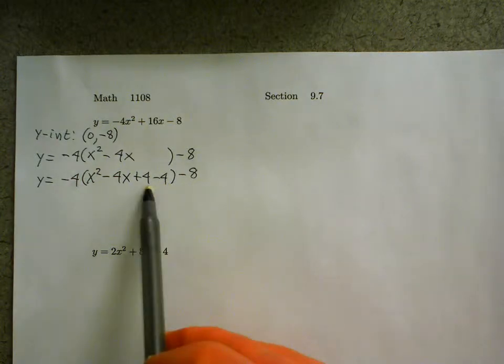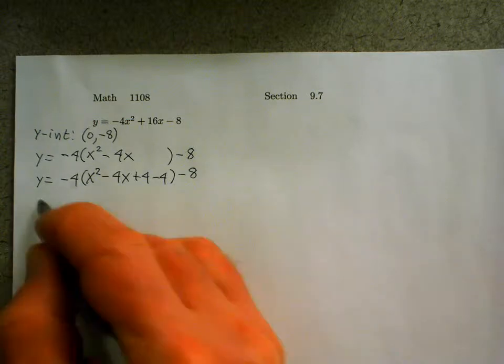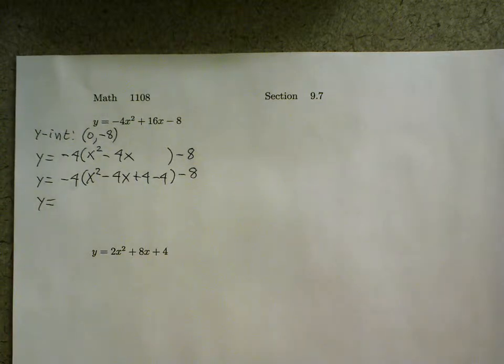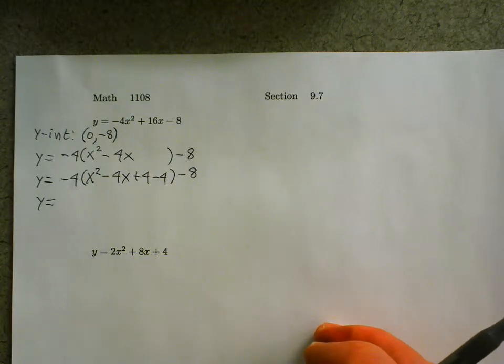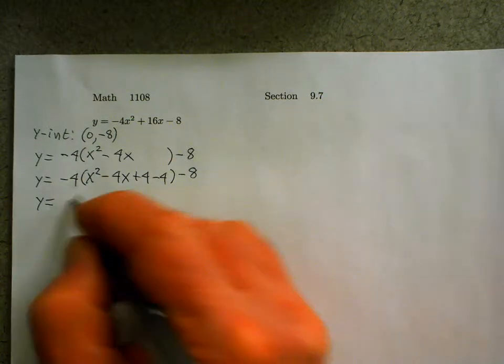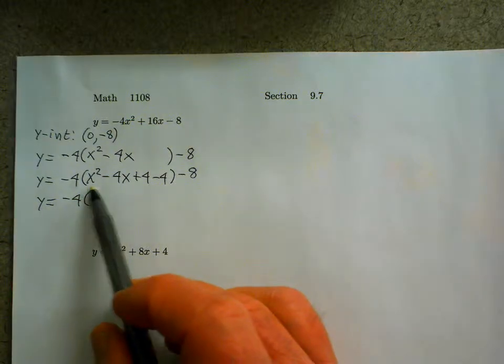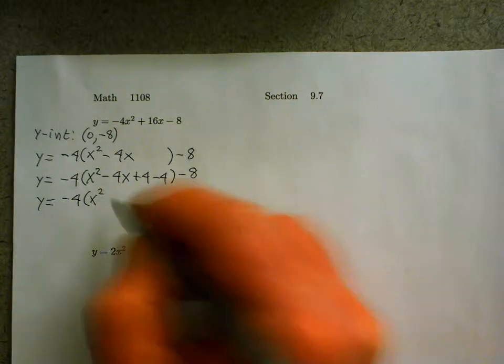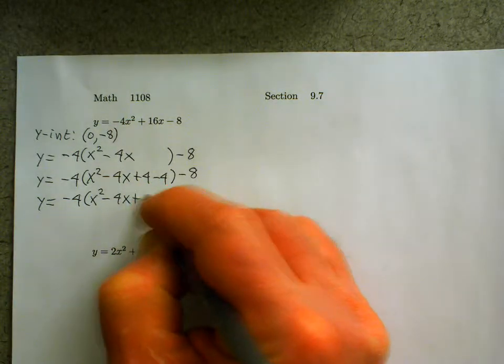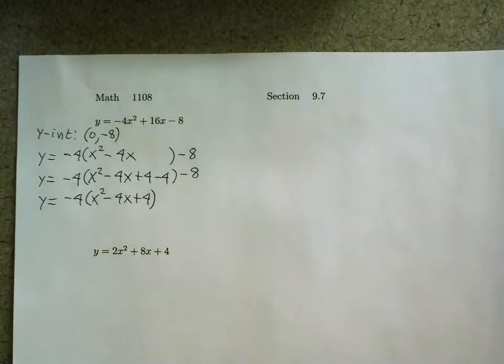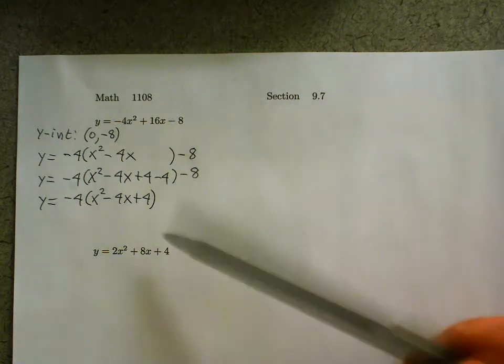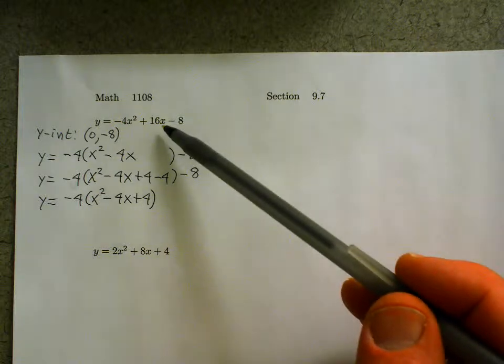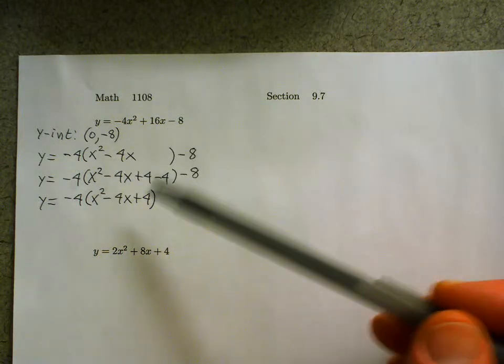Okay. Then in the third step, we're going to keep the perfect square trinomial, the x squared minus 4x plus 4. I think we're okay.